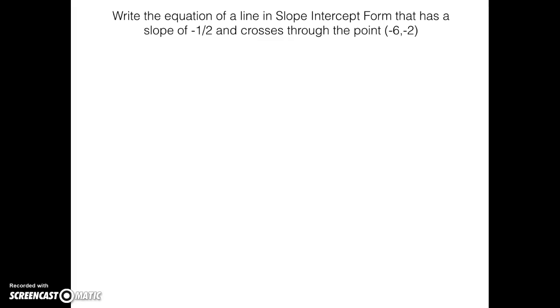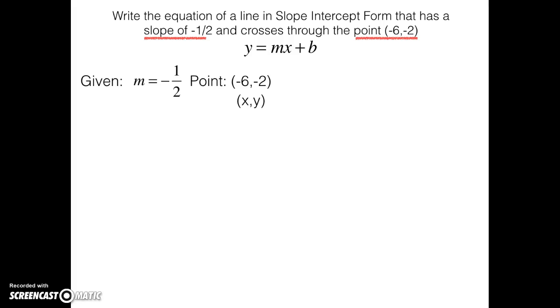Write the equation of a line in standard form that has a slope of negative 1/2 and crosses through the point (-6, -2). So here's slope-intercept form, y equals mx plus b. We are given 2 pieces of information. We're given the slope, so that means m is equal to negative 1/2, and we're given a point, (-6, -2), which means we need to solve for b.